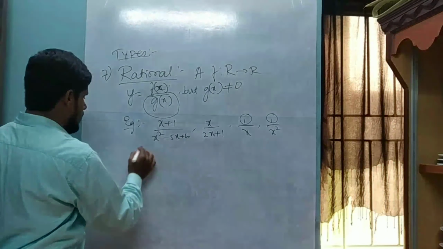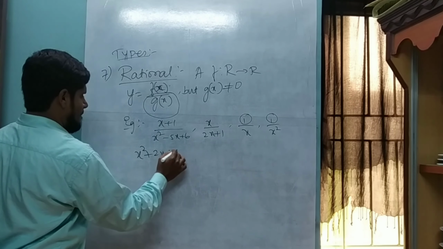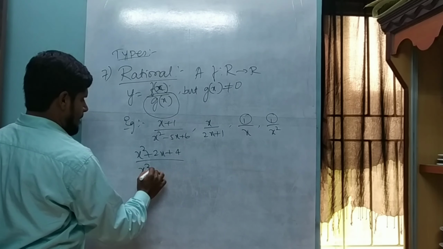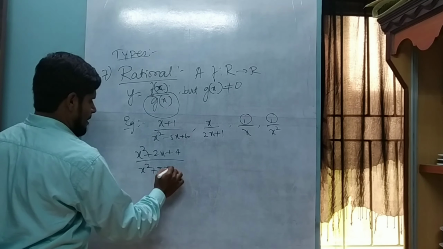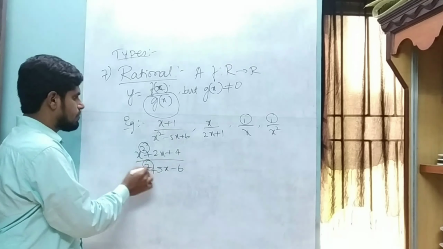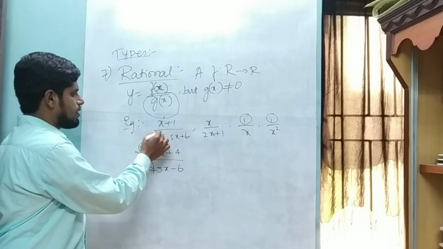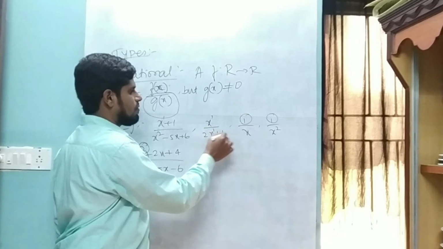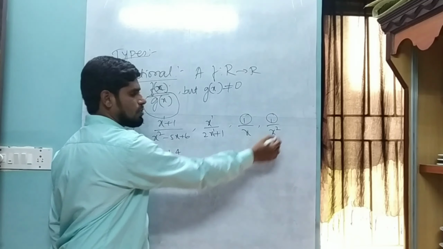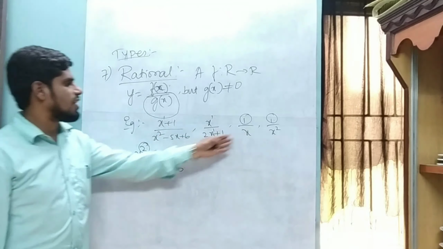Okay, this can also be, like this. Here, both the degrees are equal. Here it is less and here it is more. Here it is equal. This is x power 0, here also x power 0, here x power 1, x power 2. It can also be any function like this.